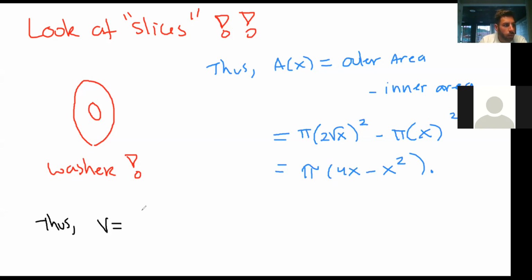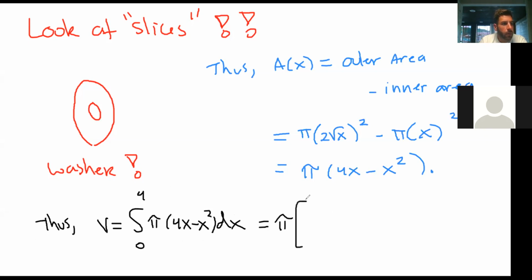The volume is the integral from 0 to 4 of pi times 4x minus x squared dx. So we can pull the pi out and we integrate. It's 4x squared over 2 minus x cubed over 3. And our bounds are 0 to 4.